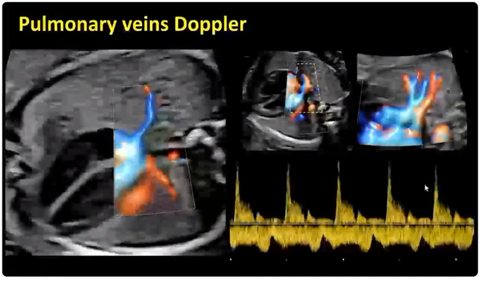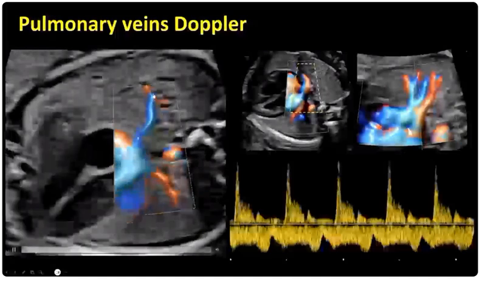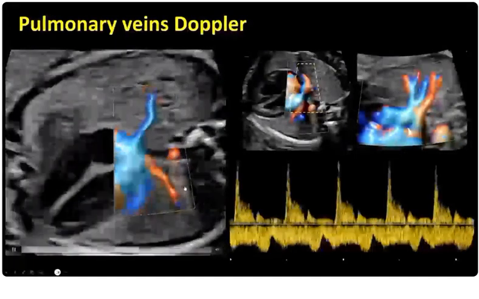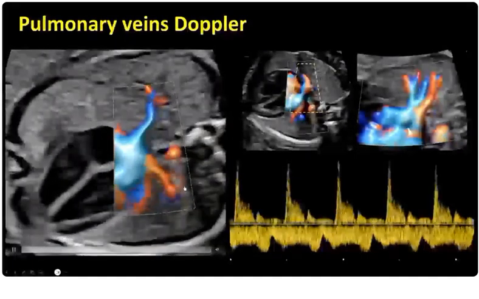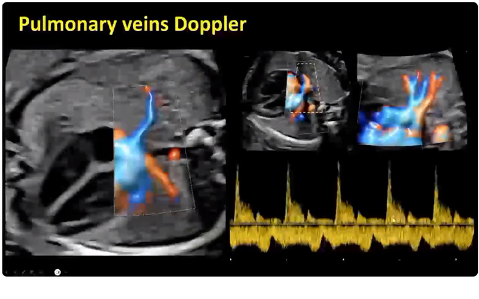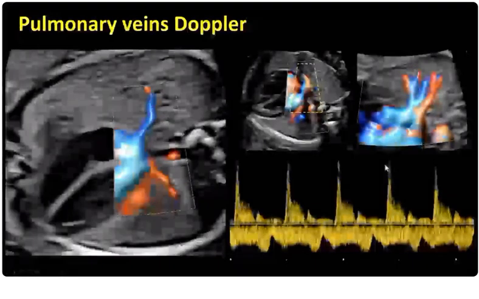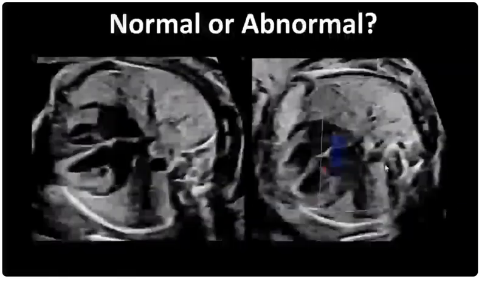So here is the typical flow and the typical assessment of the inferior, right, and left pulmonary veins. And you can see here that we can assess not just the flow in the veins, but also the flow in the arteries, and that can be utilized for assessment of the baby's flow arrhythmia.